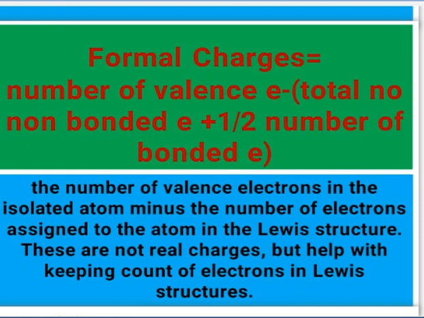Now comes the formal charge. Formal charge will be calculated for a particular molecule, in which we have to calculate the formal charge for a particular atom. So the formal charge for a particular atom is equal to the number of valence electrons of that atom, minus the total number of non-bonded electrons, that means the lone pair of electrons present on that particular atom, plus, if it is present in brackets, this is plus.